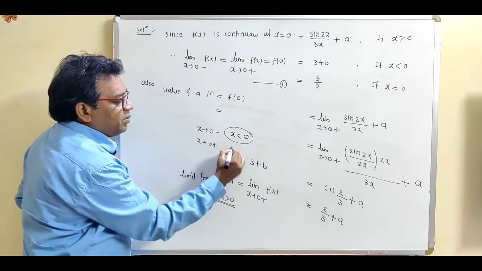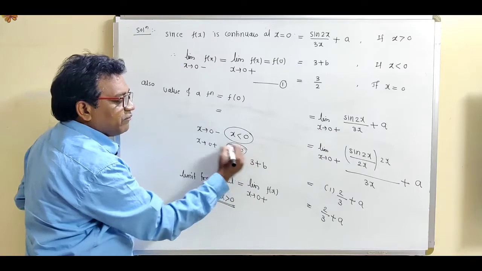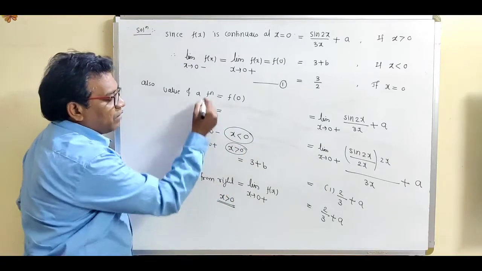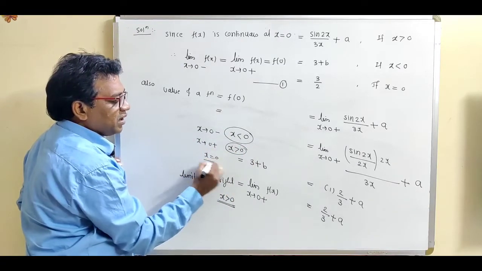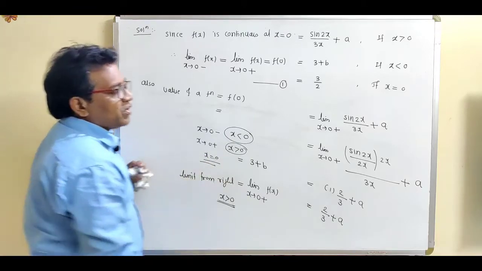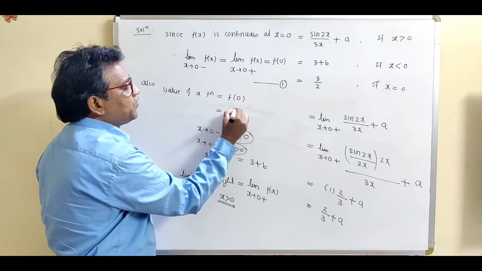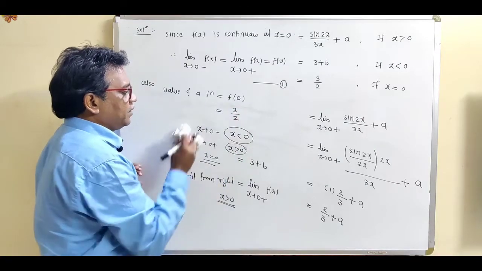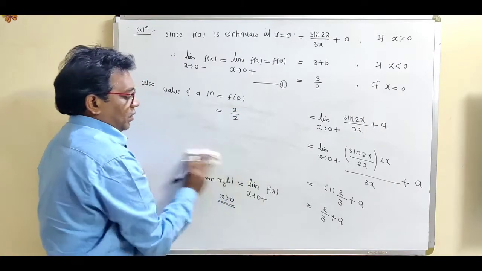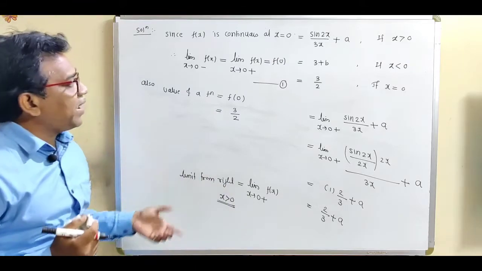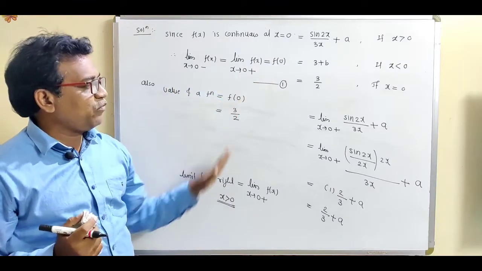For right hand limit we require this condition x greater than 0, and for value of function we use the equality sign, x equal to 0. So x equal to 0, so this is the required term, so we have given the constant function, so this is 3 by 2. So we have found all these three values, left limit, right limit and value of function.